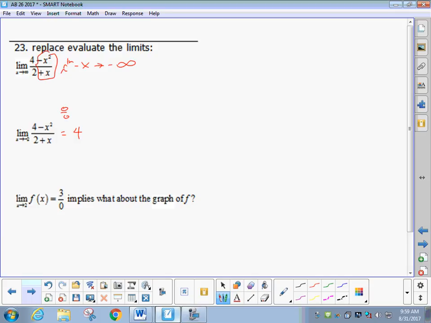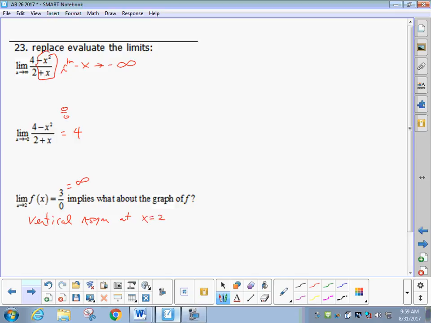Think slope. If you rise 3, run none, what kind of slope is that? Vertical, yeah, it's vertical asymptote. It implies, what about the graph? This is infinite, this is undefined, and so there's a vertical asymptote at where? X equals 2.